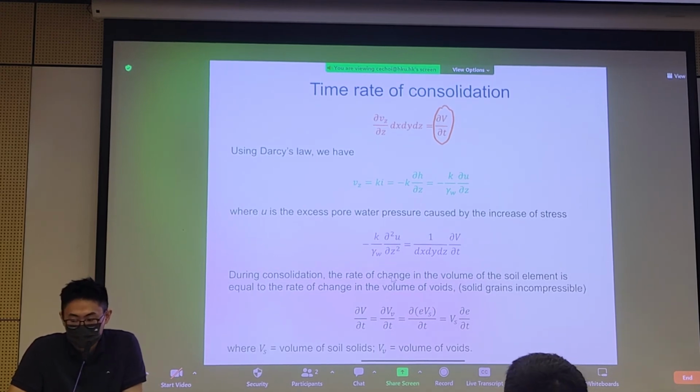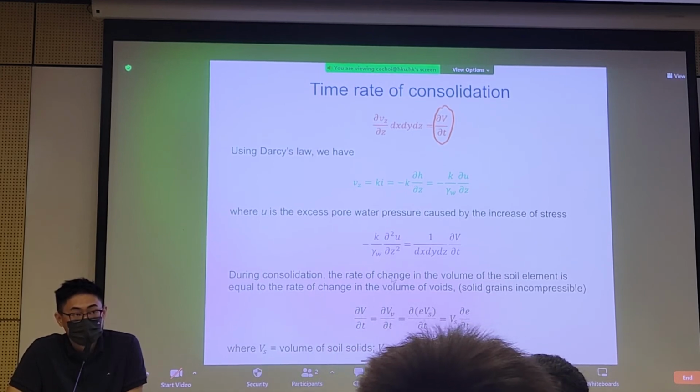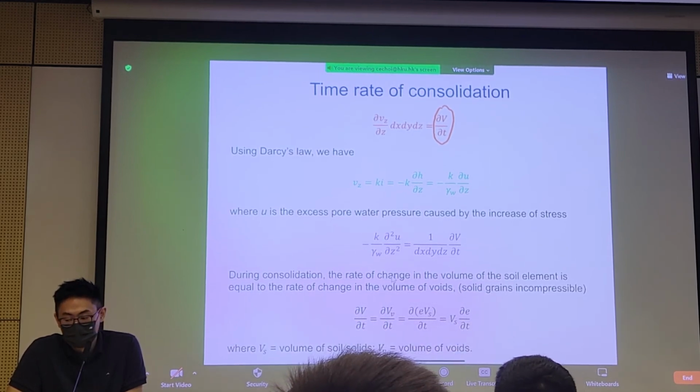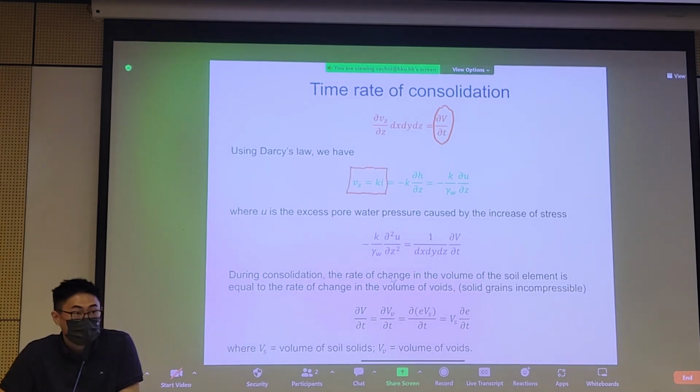So if you remember one of the basic assumptions I talked about, we said Darcy's law is valid. So Darcy's law describes the movement of fluid in soil in a granular or porous media. So if you don't understand anything, at least you recognize this, right? Darcy's law, V equals Ki. K is, of course, some permeability of the soil. i is the hydraulic gradient of the soil.